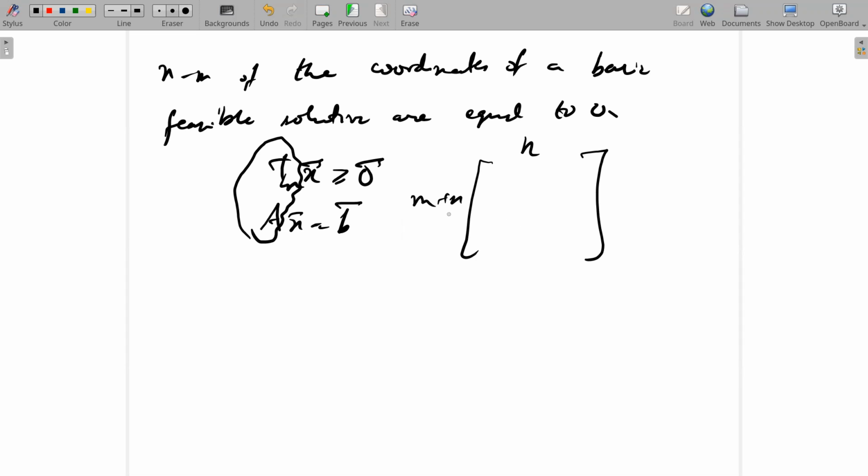And essentially, we're trying to translate something about the column space to something about the row space. That is the whole source of my confusion, because the space we are in is Rn. So that's why I was talking about a vertex being determined by n many of these constraints being tight and being linearly independent.